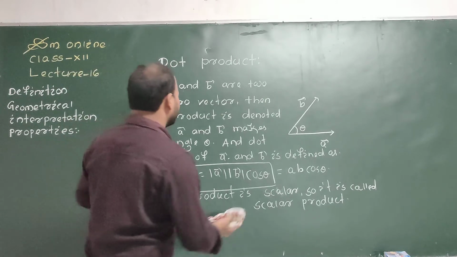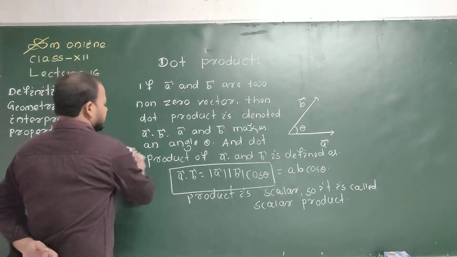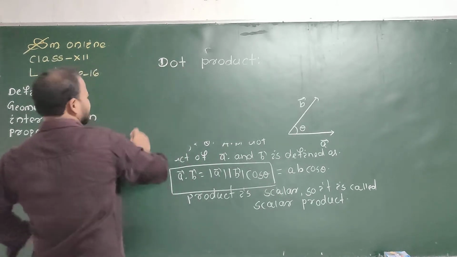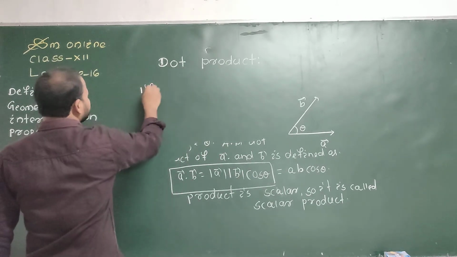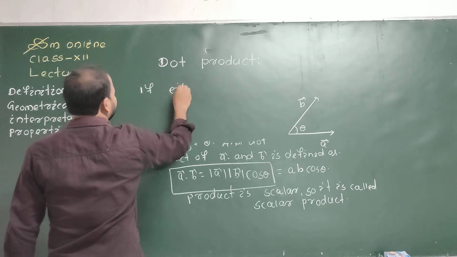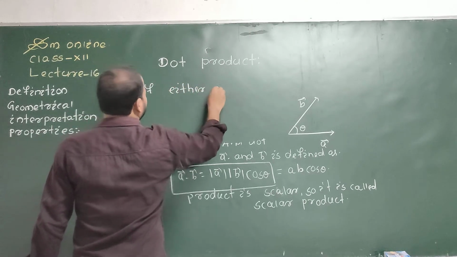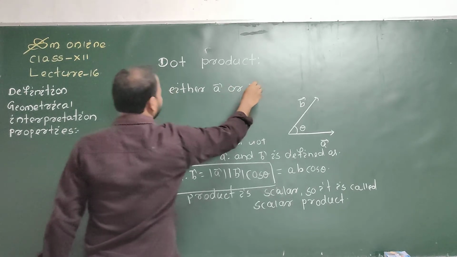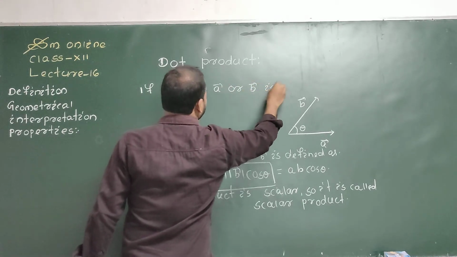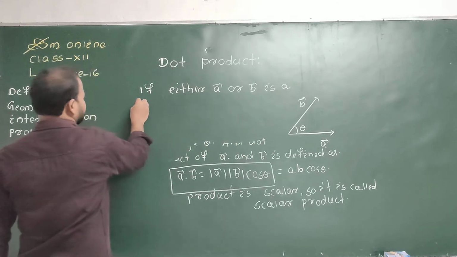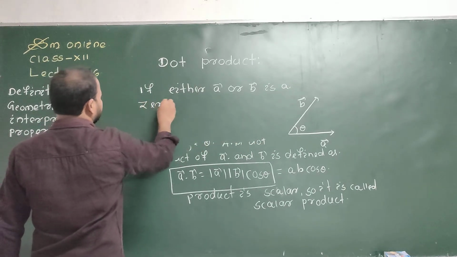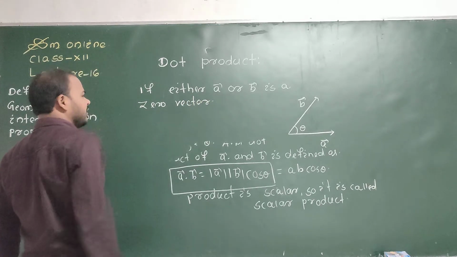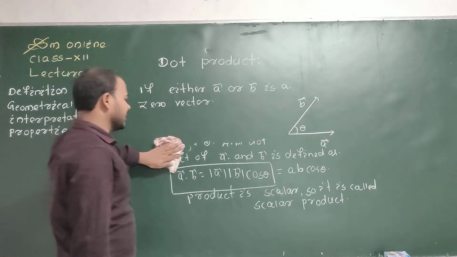Now come to the second point. If either vector A or vector B is a zero vector, then what happens?